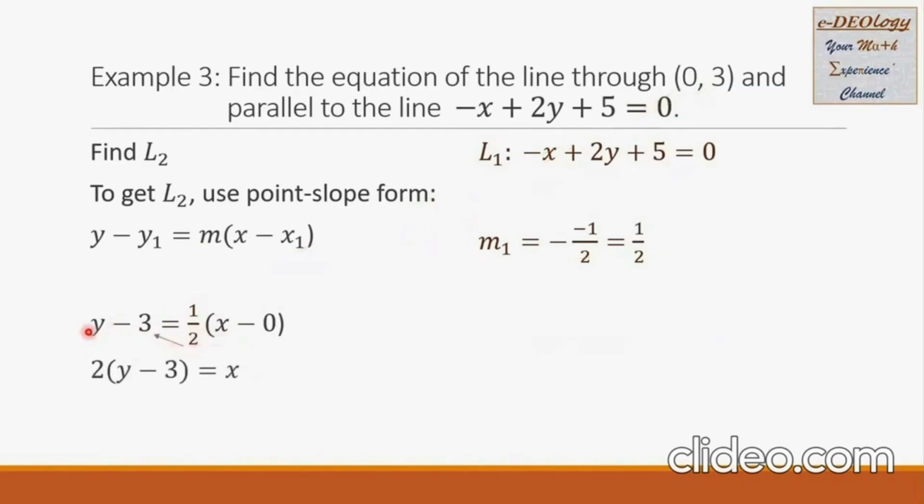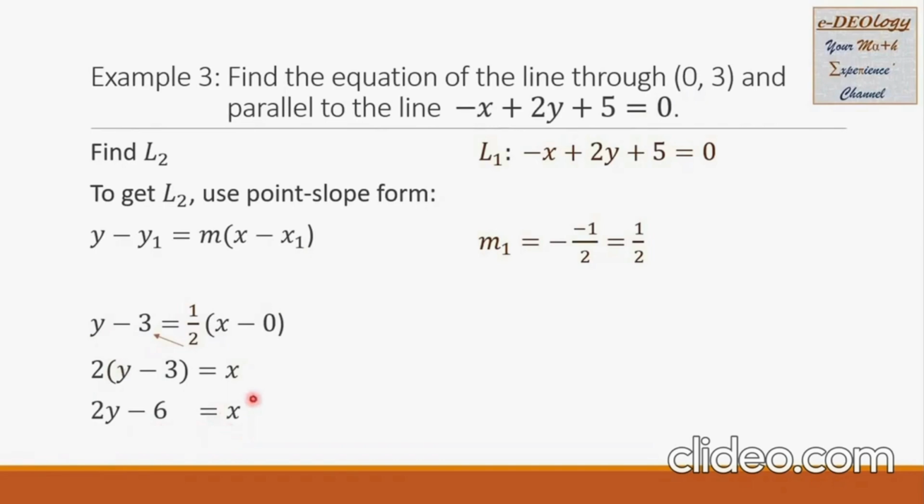So the 2 comes on the left side, and on the right side, this 0 we can remove. Only x remains on the right. Then we will simplify further. 2 times y and also 2 times negative 3. We have now 2y minus 6 equals x.